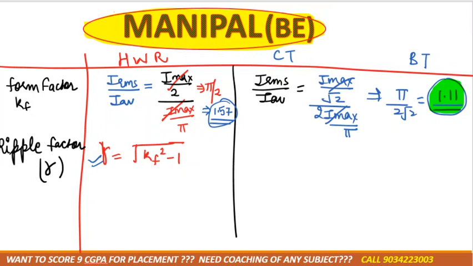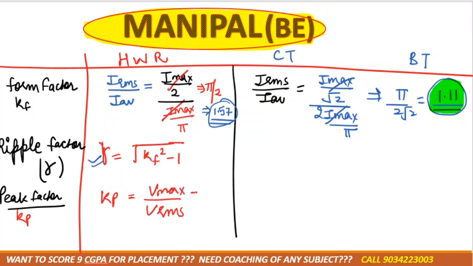Now you need to learn about the peak factor. Remember what was the formula for the peak factor? Peak factor is denoted by Kp and its formula is Kp equal to maximum voltage divided by the RMS voltage.